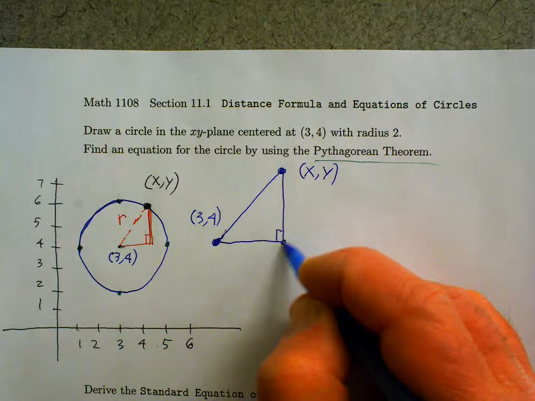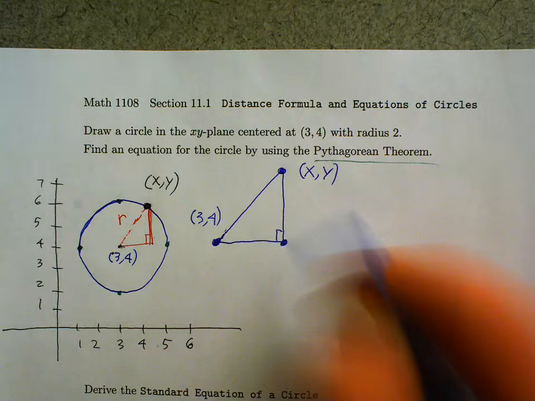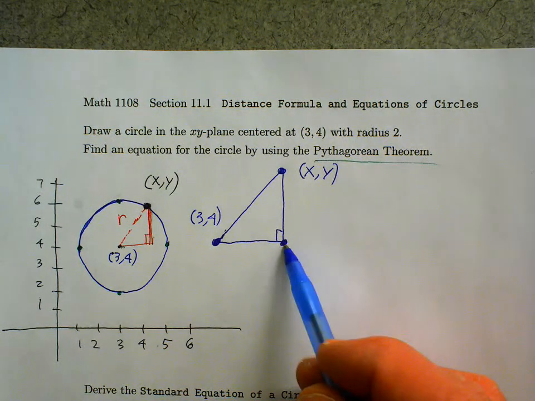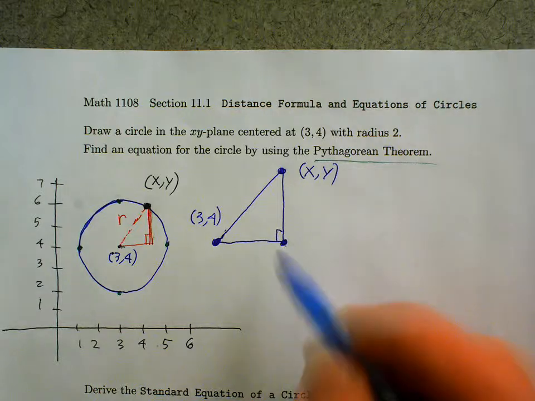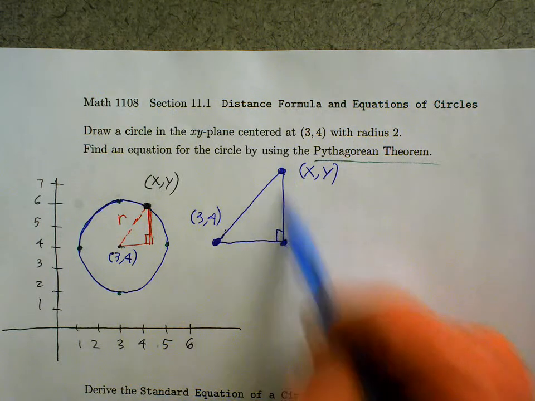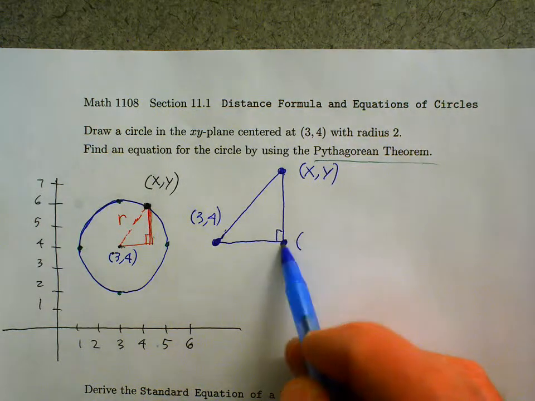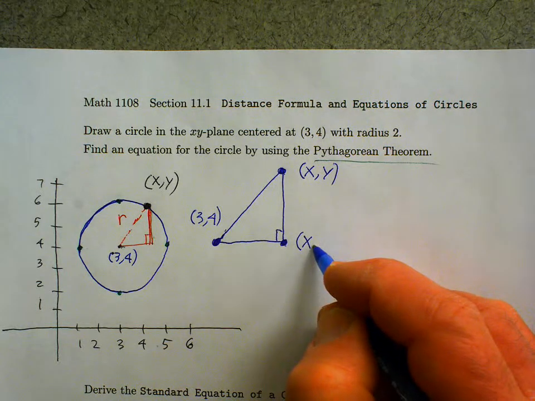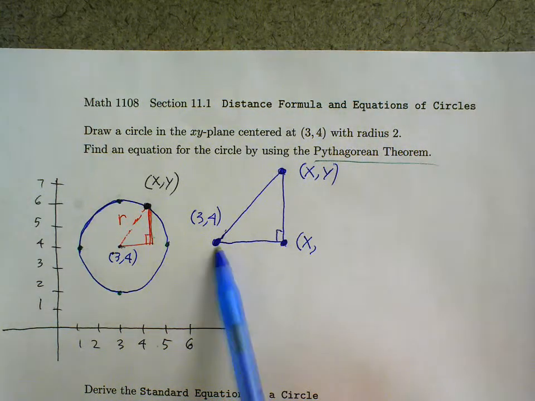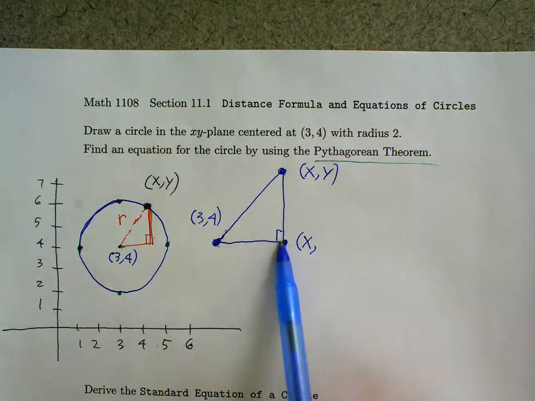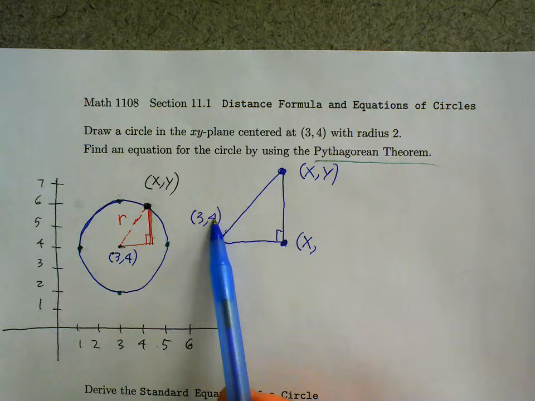And so this point, the vertex of the right triangle, it has the same x coordinate as the point that's vertically above. So the x coordinate of this point is x. And the y coordinate is the same as any other point on this horizontal line. So the y coordinate is 4.